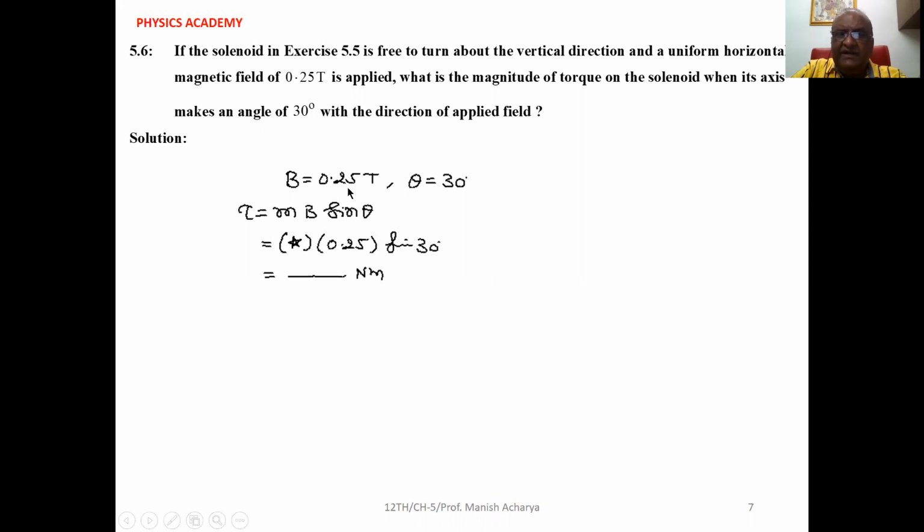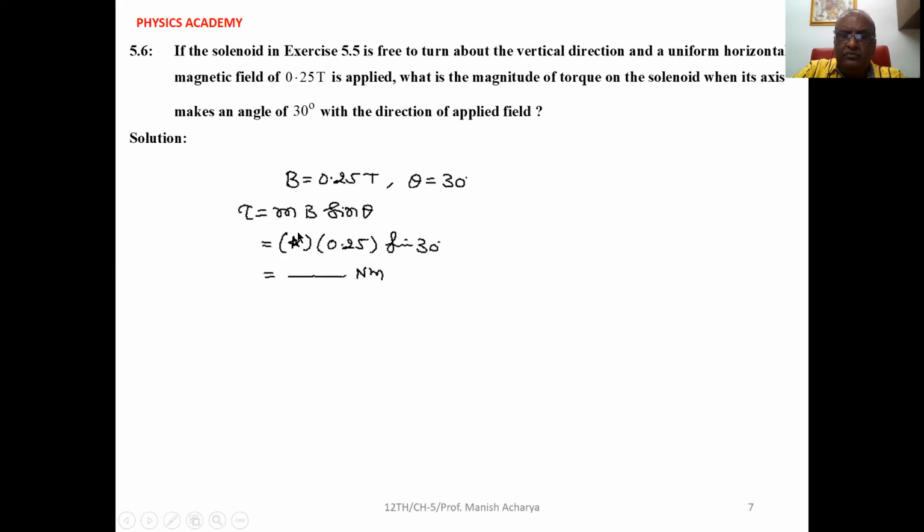the magnetic field applied is 0.25 Tesla, and the angle between the axis of the solenoid and the external uniform magnetic field is 30 degrees. And here we can write the equation for the torque, that is mB sine theta.